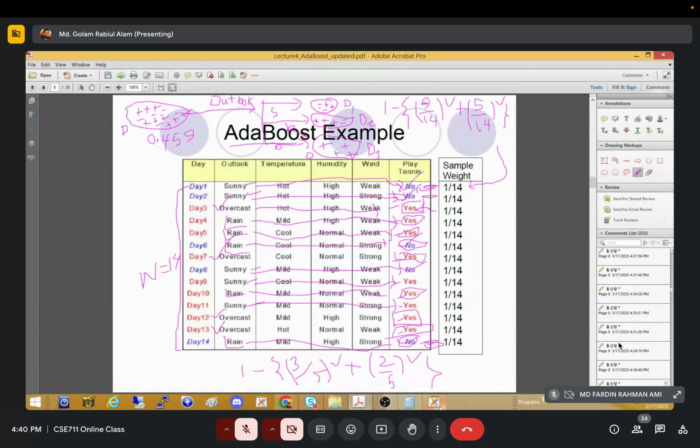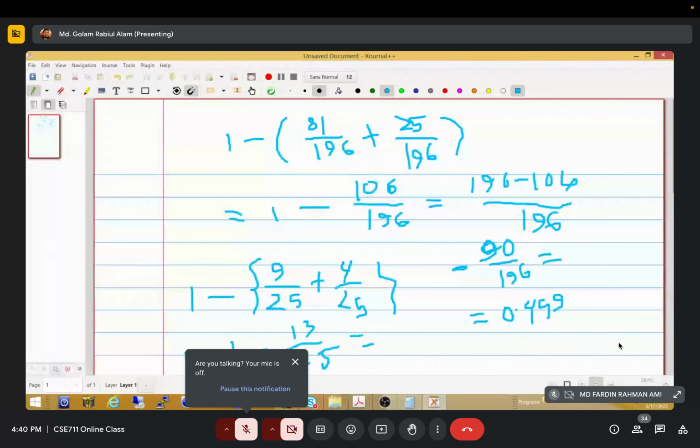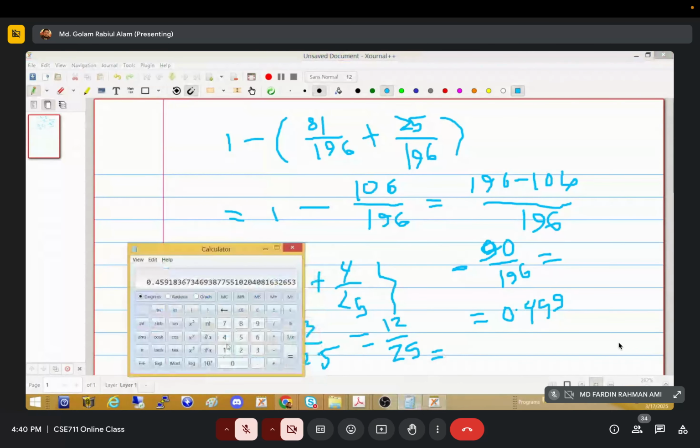If we do the math, we get 1 minus 3 times 3 is 9 out of 25, and 2 times 2 is 4, so 4 by 25. So 1 minus 13 by 25, and finally we get 12 by 25. 12 divided by 25 equals 0.48.